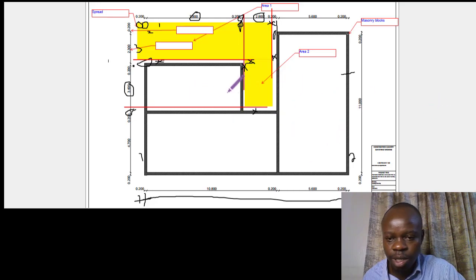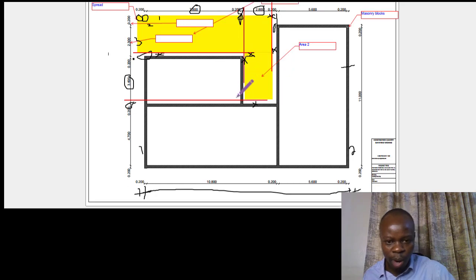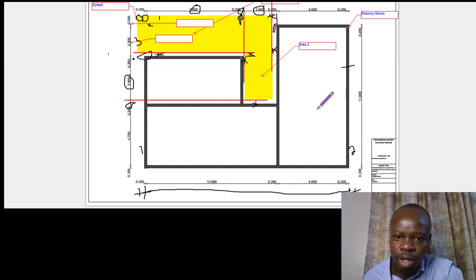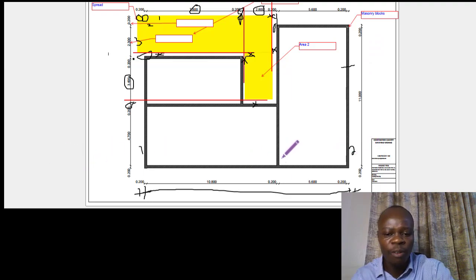So in this case, of course, the length, we have the dimensions provided here. We have dimension 1 and dimension 2 as the length and also the width. Regardless of the shape, you can always take the full length and the full width, then multiply by 2 as if you are doing a perfect rectangle, and then do your adjustment.